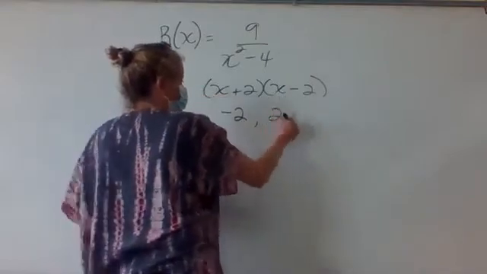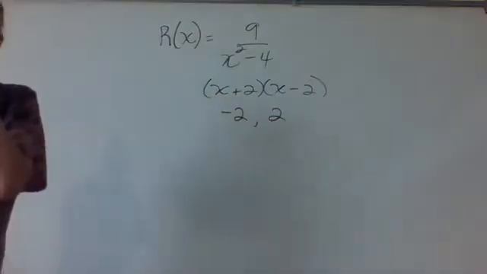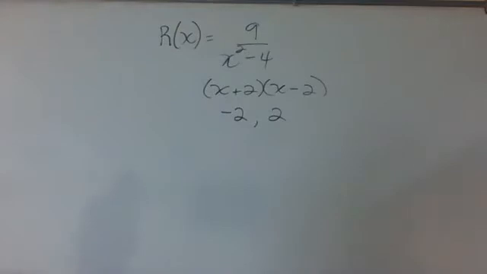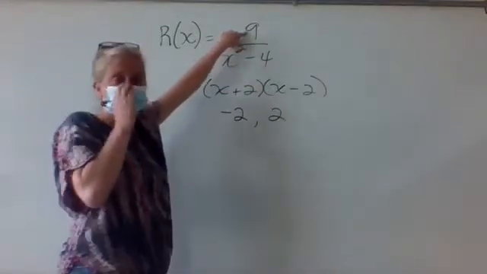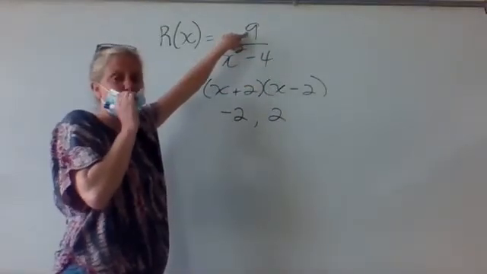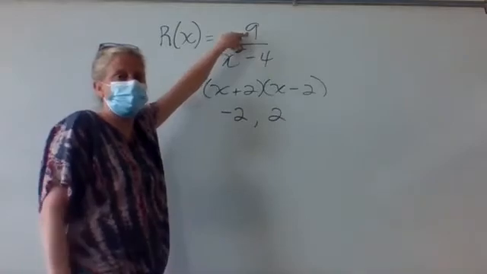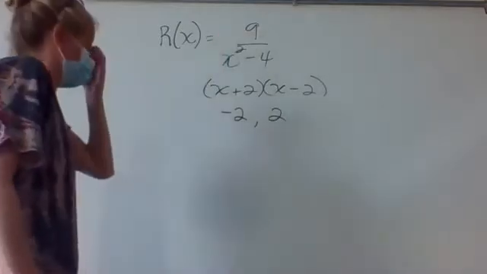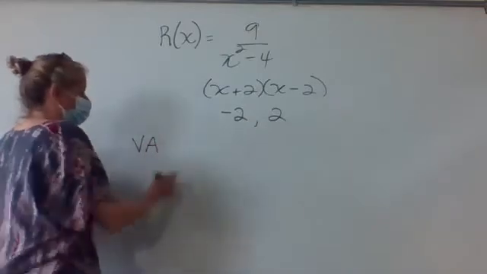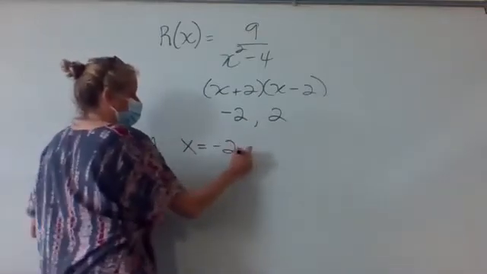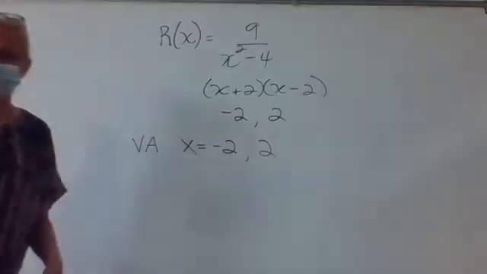The 0 coming from that factor would be +2. So those are the zeros of the denominator. There's not any zeros in the numerator, so I don't even have to worry about that on this problem, right? If there's not an x up there, there's not any zeros. So your vertical asymptotes are x equals -2 and +2.